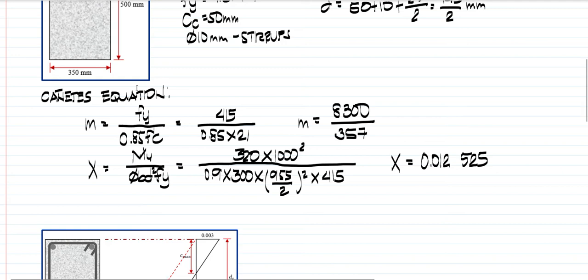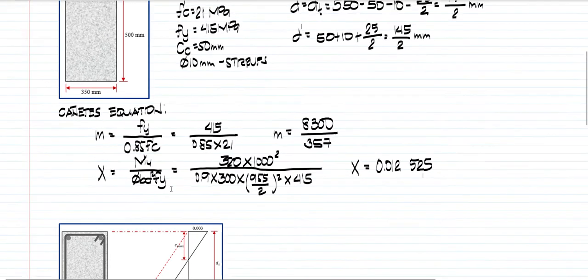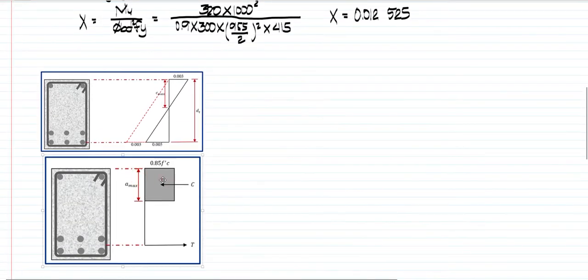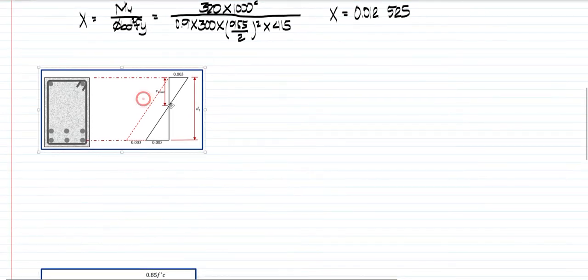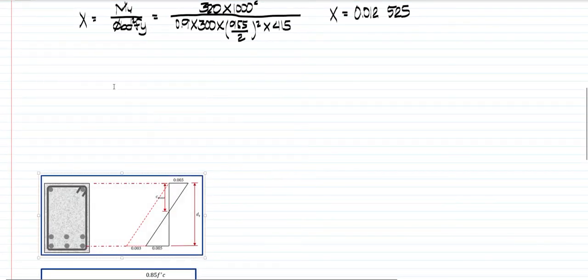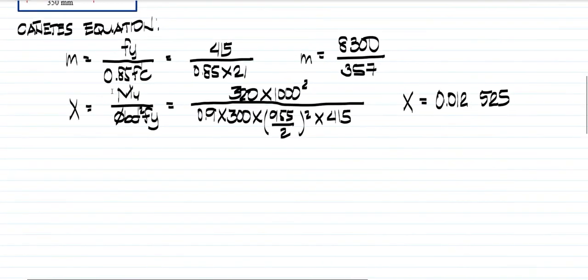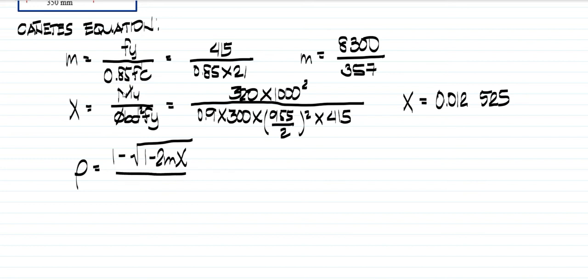So now we can determine the value of our steel ratio. So baba lang natin tong mga figures na to. So for our steel ratio, we will have rho is equal to 1 minus square root of 1 minus 2mx over m. So para hindi kayo mahirapan, pwede natin i-store to sa m sa calculator and store nyo na to sa x.